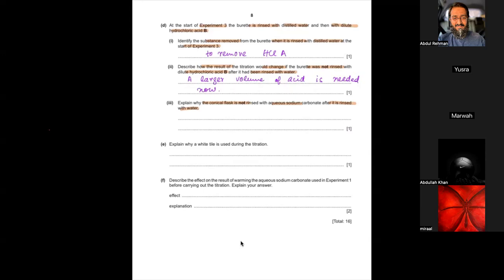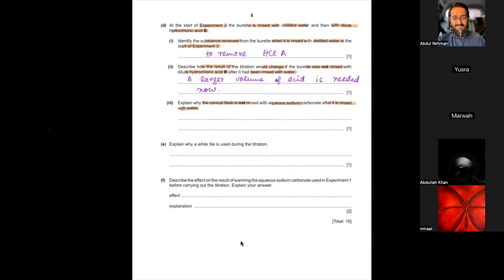So I'm measuring the 25 cm³ of volume from the pipette, okay? And I'm going to transfer it into the conical flask. But if the conical flask is already rinsed with sodium carbonate, it has some sodium carbonate in it, right? And I measured the exact 25 cm³ of sodium carbonate in the pipette and added it in the flask. So the flask already had some of it, and I have exactly added 25 cm³. So it increases the volume of sodium carbonate.